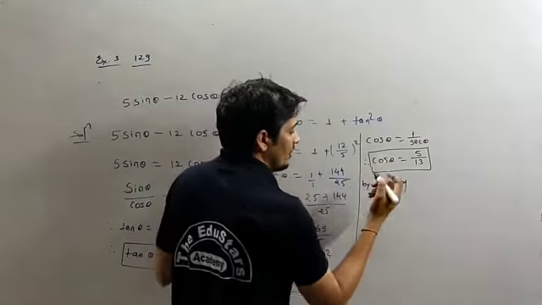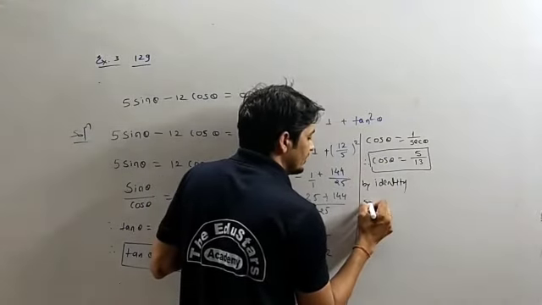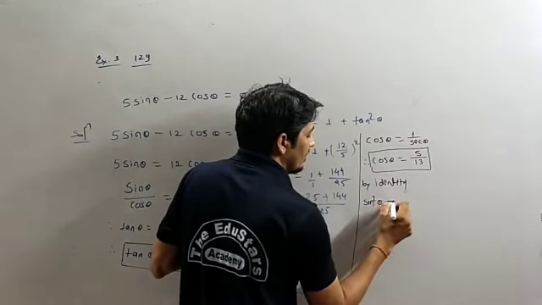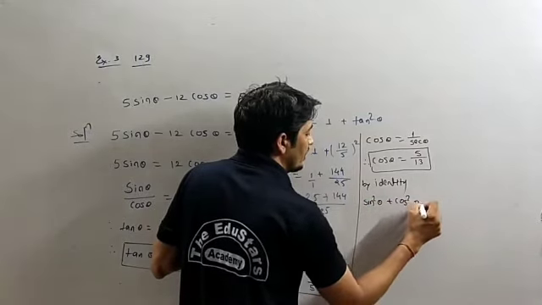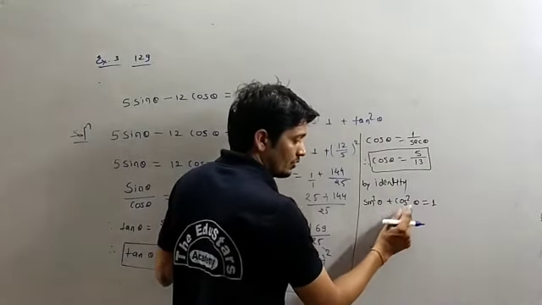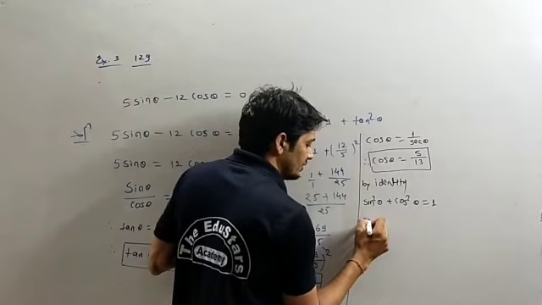What is the identity? Sin square theta plus cos square theta equals 1. We have the value of cos, so we transfer it to the other side.